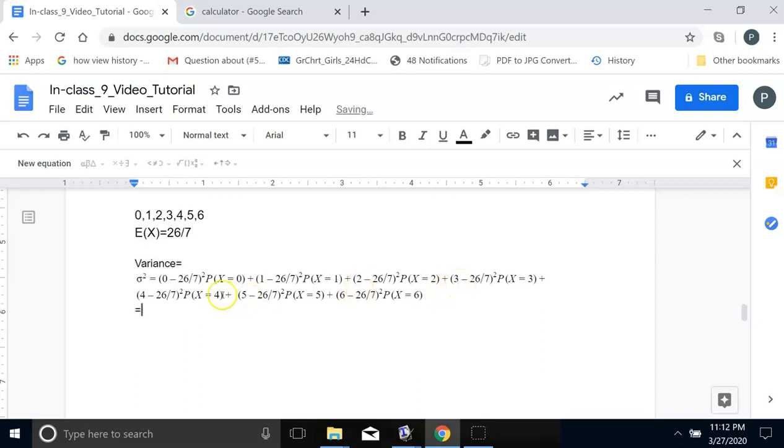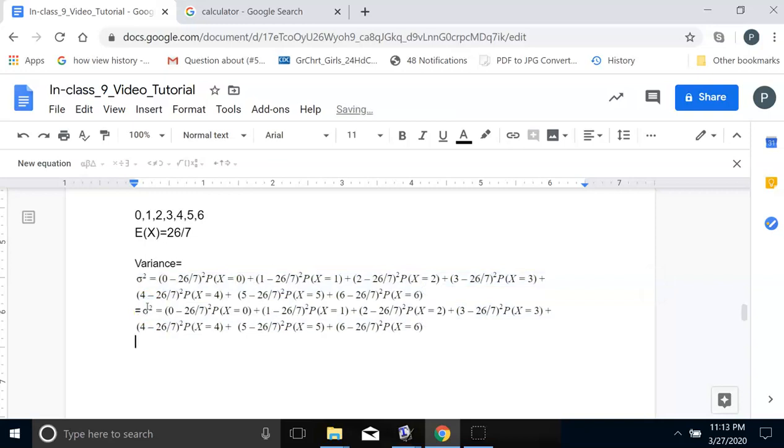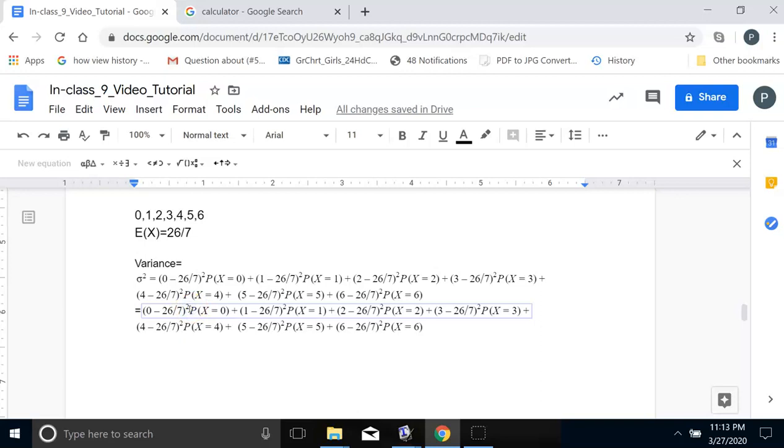Let me just take this again and paste it below over here. Oh, not the whole thing, just here. The probability x is 0, you can check up the top there, we found that was 2 over 182.